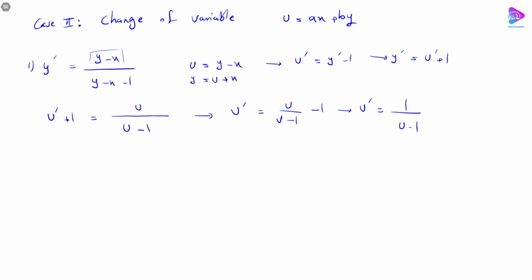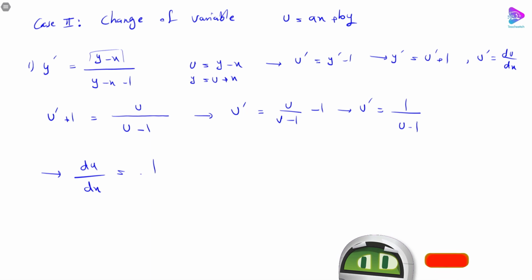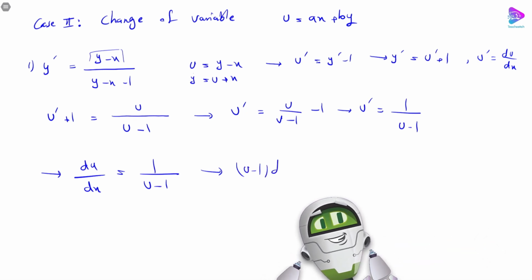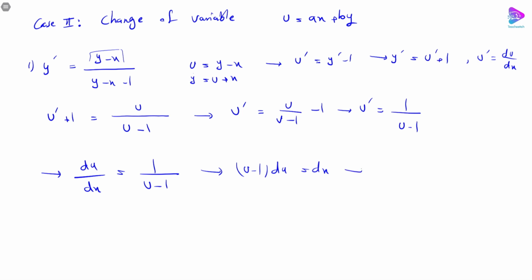Perfect. u prime is, again, du over dx, correct? So du over dx is equal to 1 over u minus 1, which means u minus 1 du is equal to dx, which is going to tell me u minus 1 squared over 2 is equal to x plus c, or u minus 1 squared is equal to x plus c.